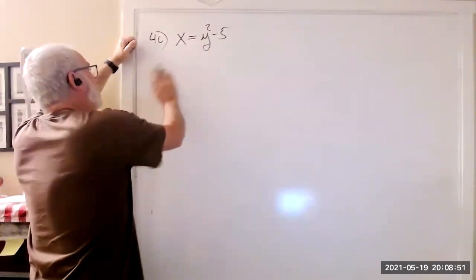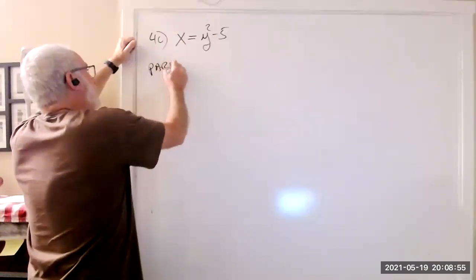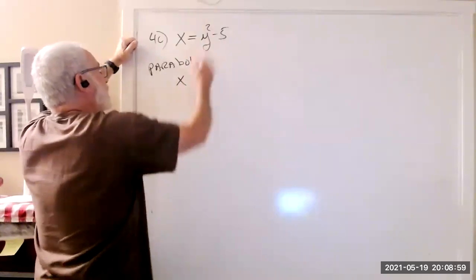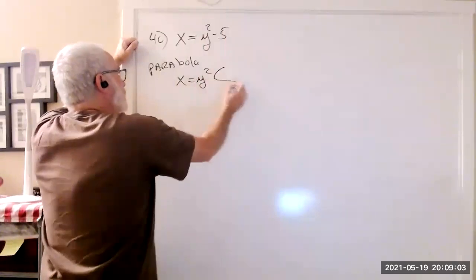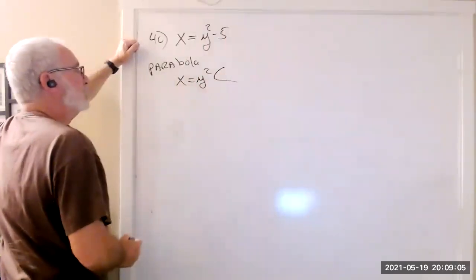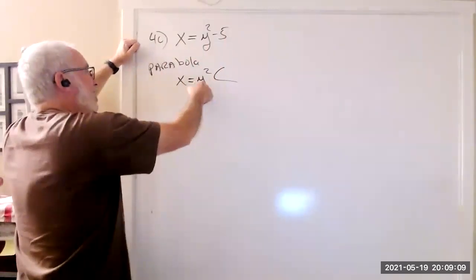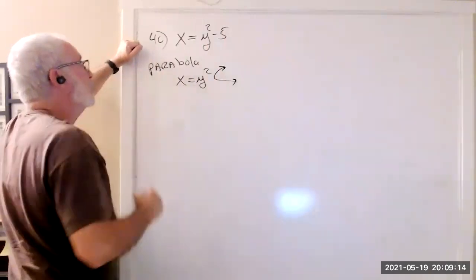Okay, but it's a parabola sideways? Sideways. Good. Parabola, again, ignoring the 5, is x equals y squared. So it's going this way. Sideways parabola, x equals the square, it's going to go sideways. So I know that. Okay.